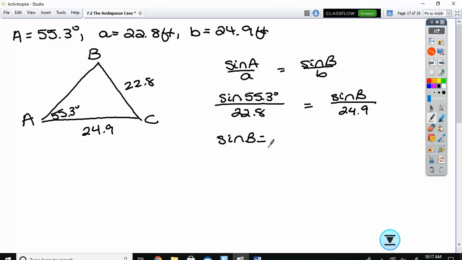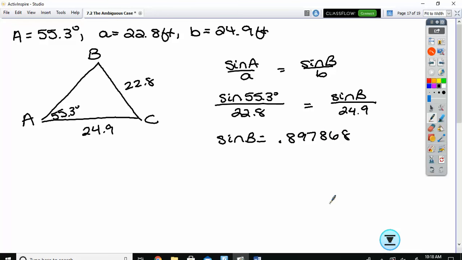So you started with your law of sines using A's and B's, and you get sine of B to equal 0.897868.